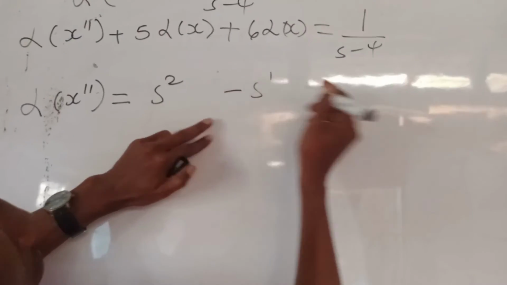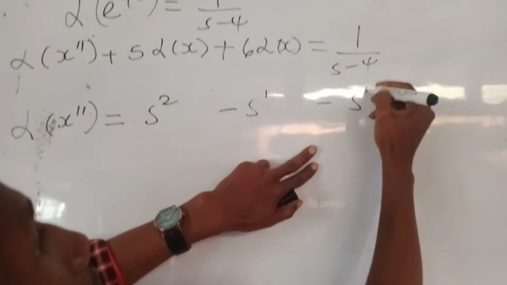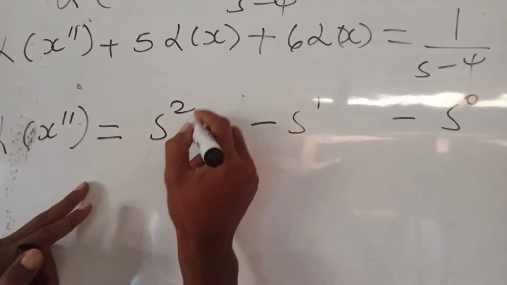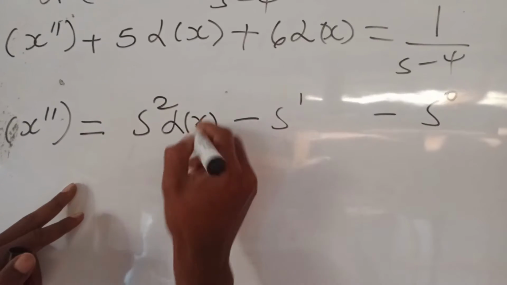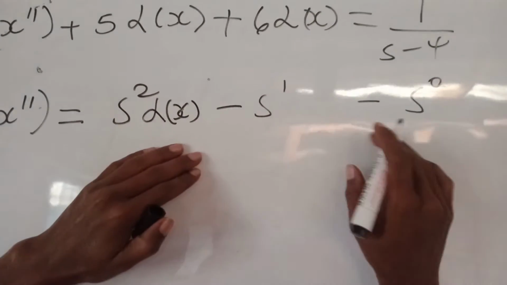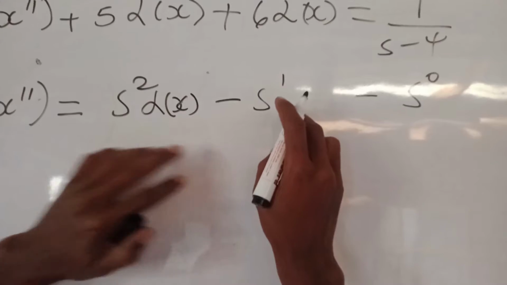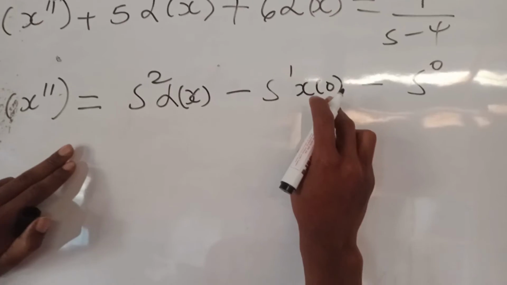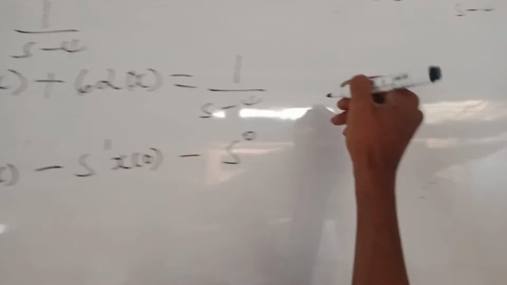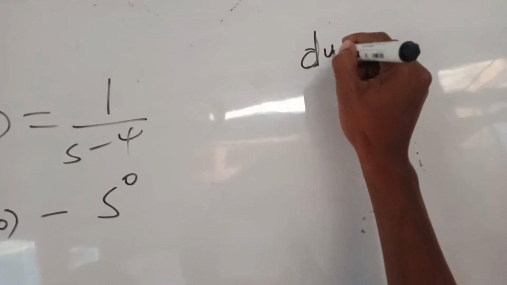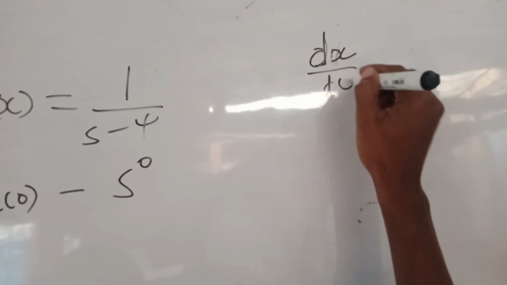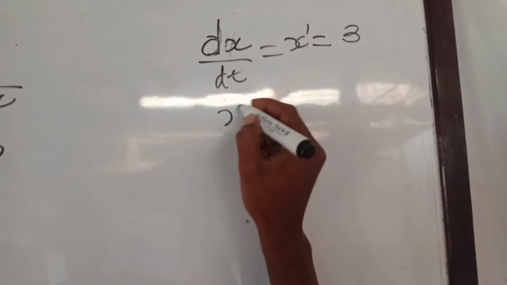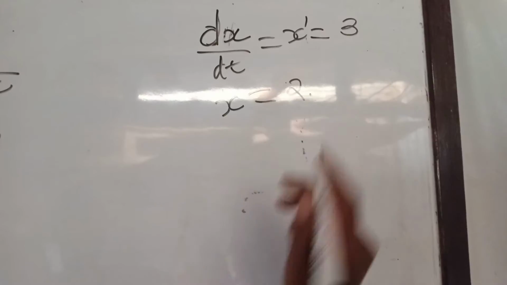Sorry, this is minus, not plus. Remember that we said earlier that our dx over dt, which is equals to our x prime, is equals to 3. Our x is equals to 2.